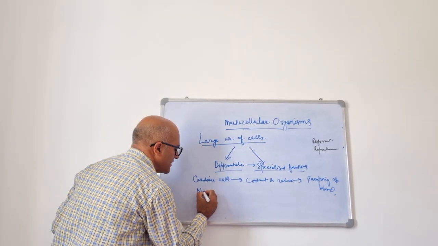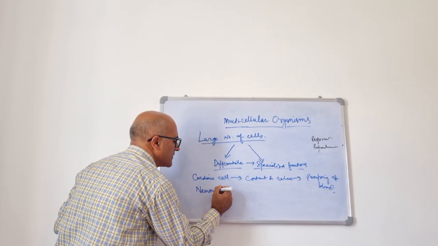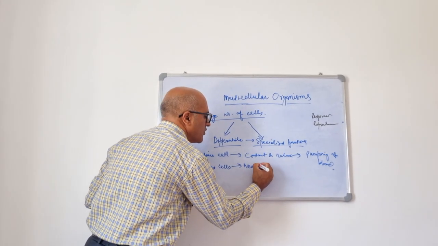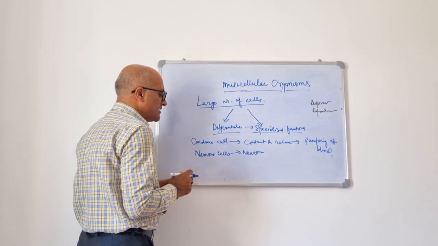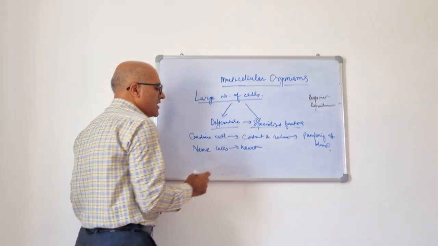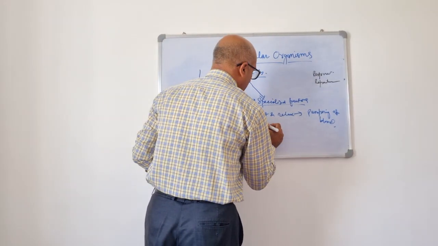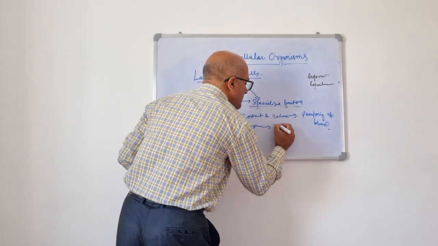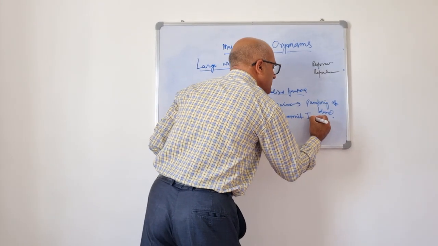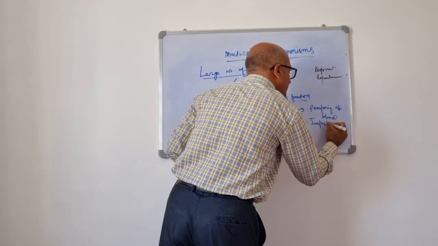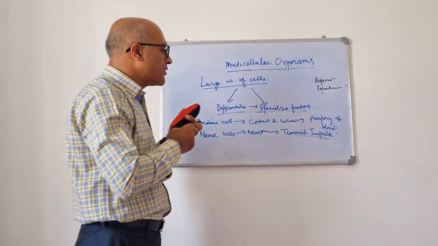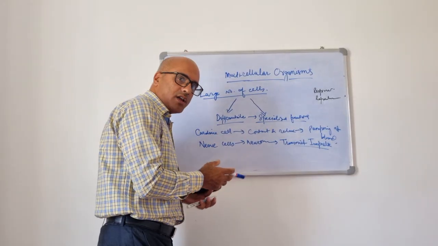Like another example is nervous cell. Nervous cell or neuron. We call nerve cell as nerve cell, not nervous cell. Okay, nerve cells or neuron. Neurons, what do they do? They transmit impulse. They transmit information carried from one part of body to another part of body.